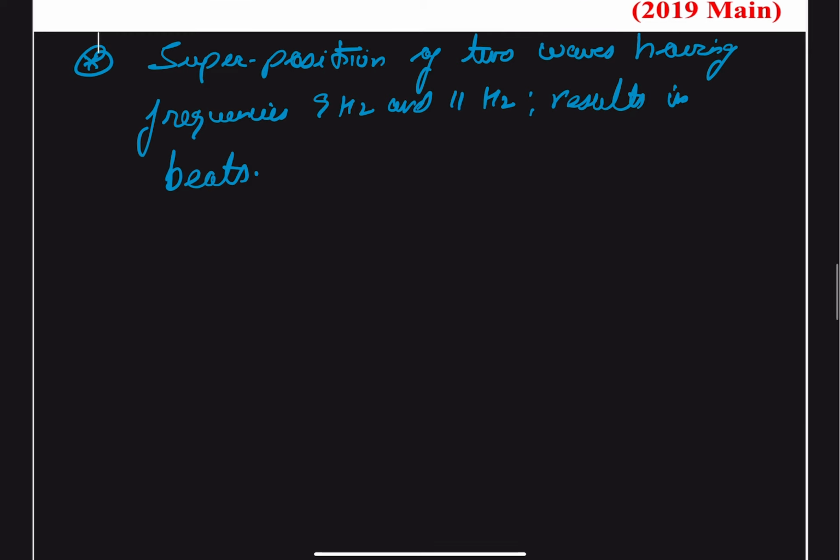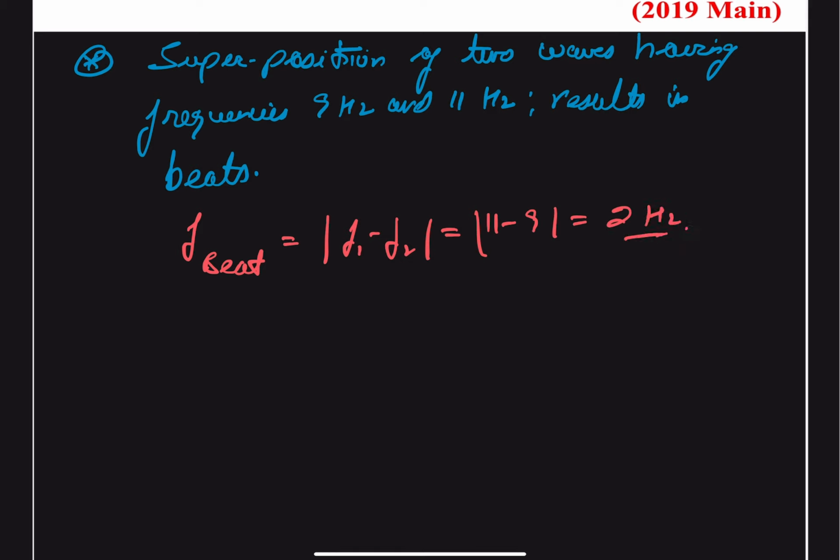Therefore we can say f beat will be equal to f1 minus f2, and that is equal to 11 minus 9, which is giving us 2 Hertz. So it means the resultant of these superimposed waves will be 2 Hertz.